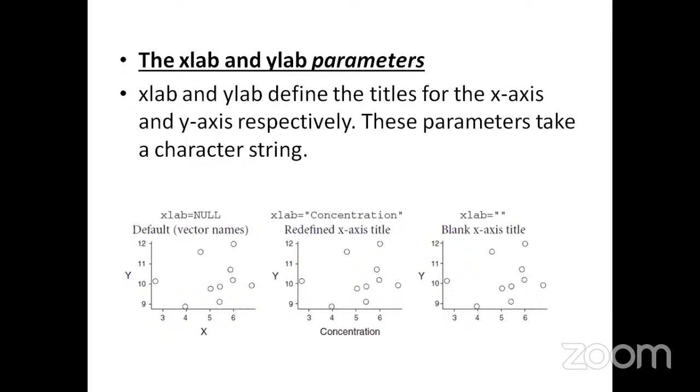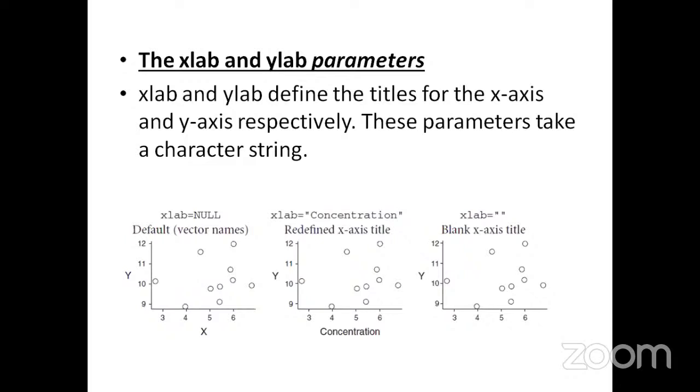In the second, you can see the x-axis is defined as the concentration of, say, any of your solvents. What is the concentration of your water with any salt added? So the concentration is given on the x-axis, and the y-axis is left as it is. And you can see the x-axis is given as blank.